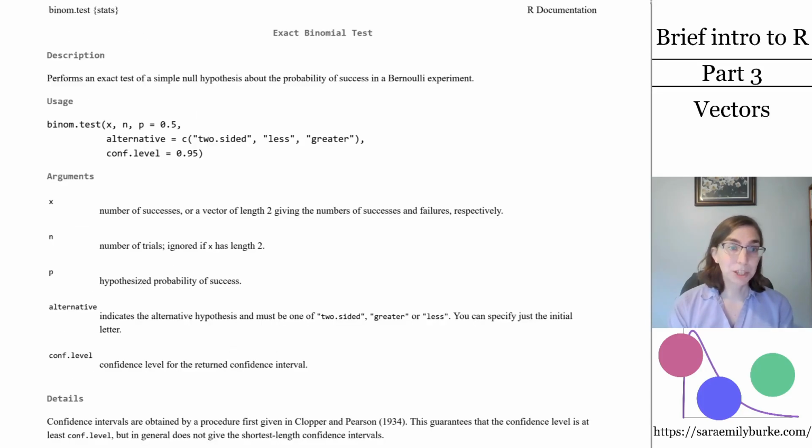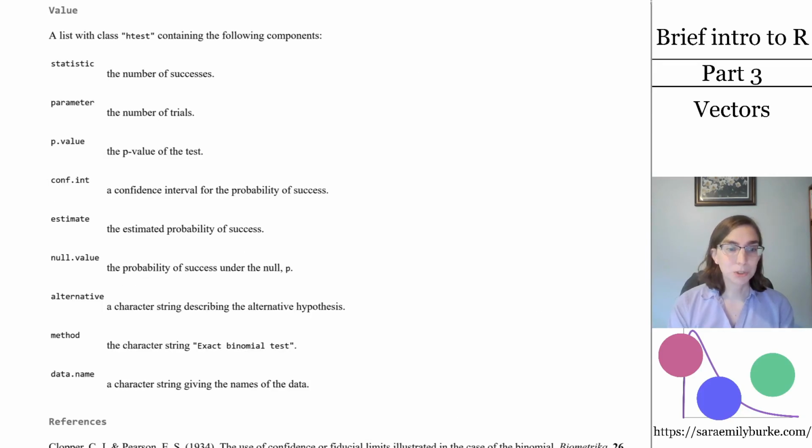Most of the time, when I look at the documentation page of a function, I'm either looking under the usage heading to figure out what the default values of its arguments are, the arguments heading to get an explanation of a particular argument that I'm confused about how to use, or the value heading in order to understand what I can obtain from the output that I got from that function.